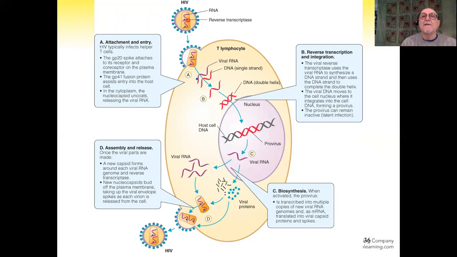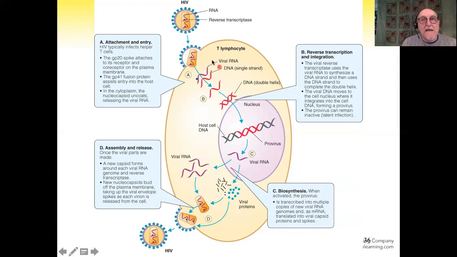And in addition, they have their own polymerase, which is reverse transcriptase. As soon as they spit that in, the reverse transcriptase produces first a single and then a double strand of DNA. And this double strand DNA is imported into the nucleus of the cell and is integrated into the host genome, where it forms, we've heard this word before, a provirus.